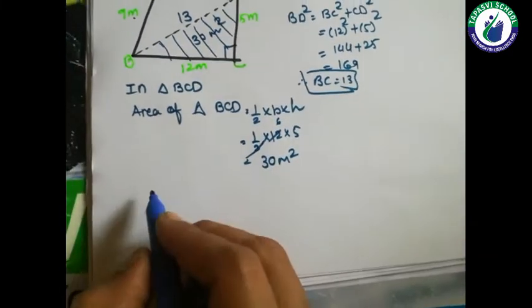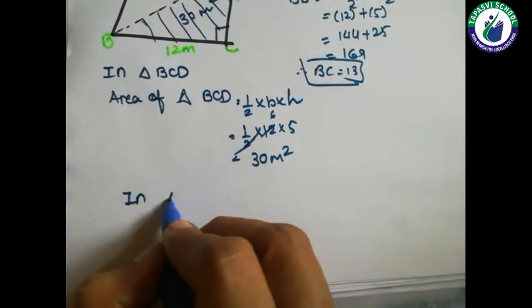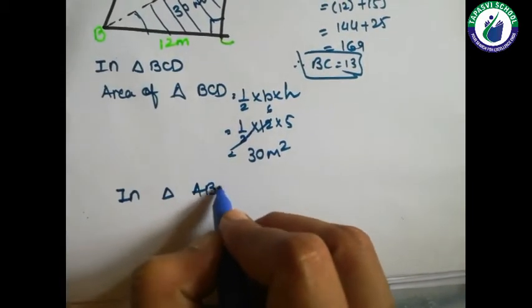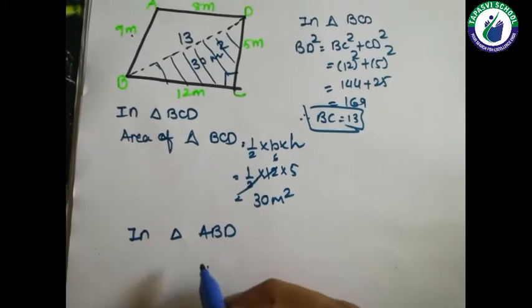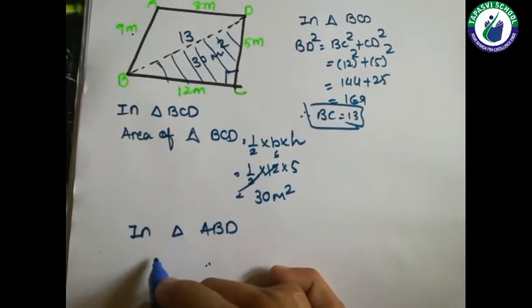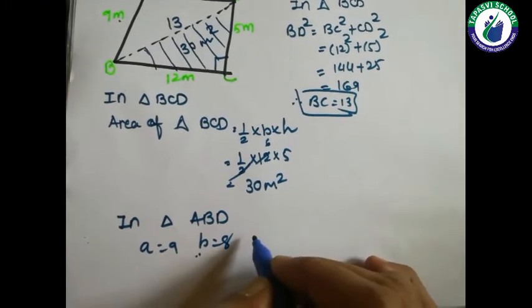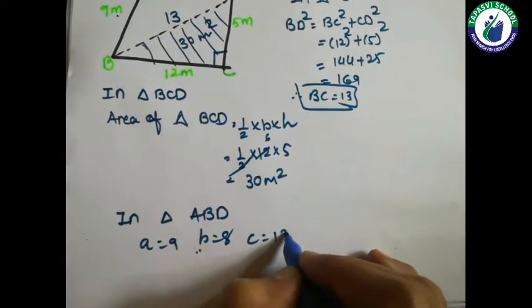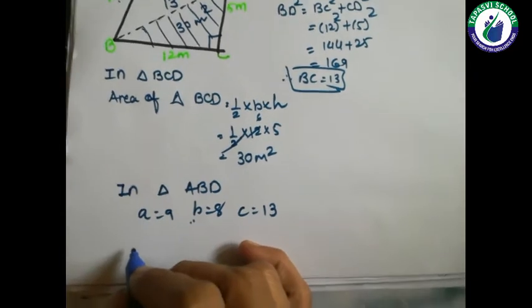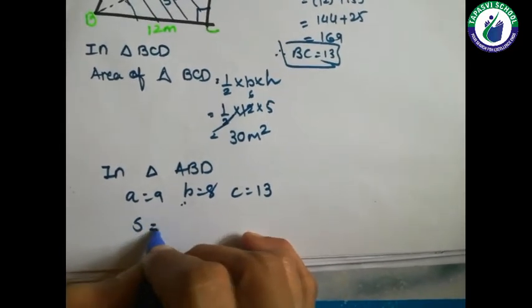Now I want to find out the area of triangle ABD. So again in triangle ABD, A is equal to 9, B is equal to 8 and C is equal to 13. First of all, we will find out the semi-perimeter.